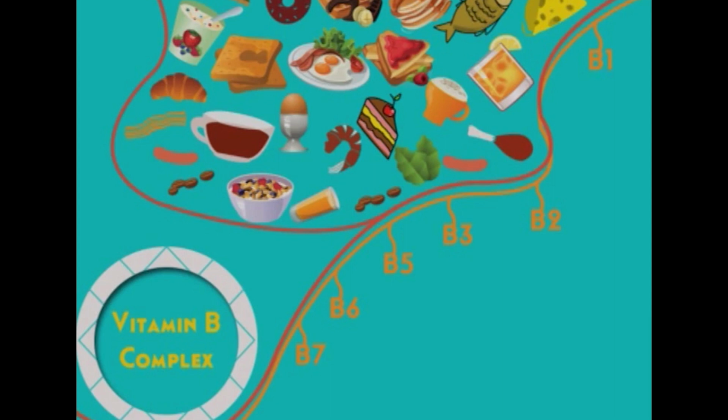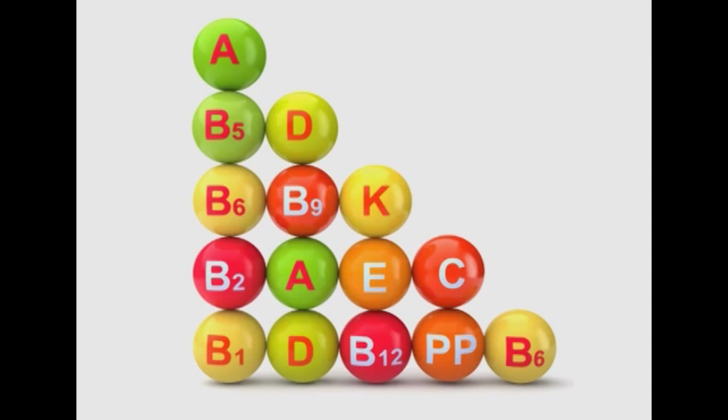It includes many vitamins, like B1 thiamine, B2 riboflavin, B6, niacin, folic acid, B12, and so on. That's why it is called B complex.